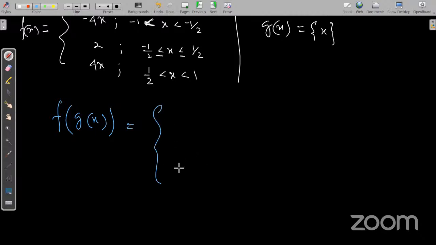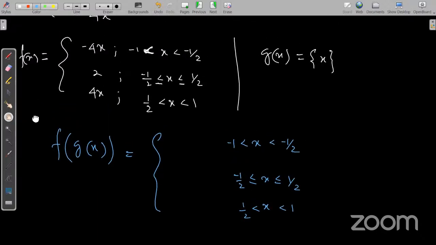For f of g of x, there will also be 3 intervals: x lying between minus 1 to minus 1/2, x lying between minus 1/2 to 1/2, and x lying between 1/2 to 1. Okay, so this will be f of g of x.